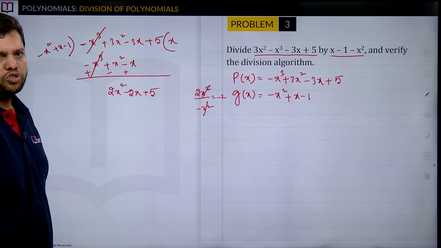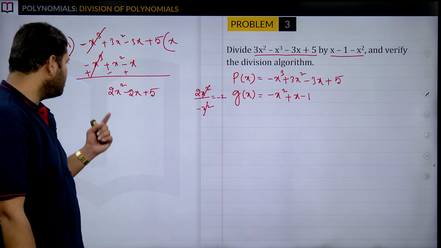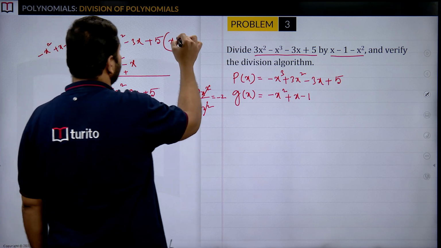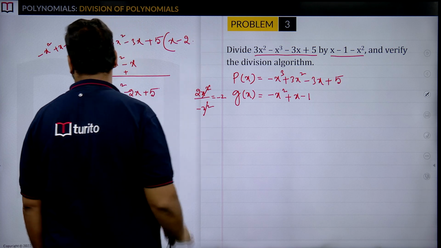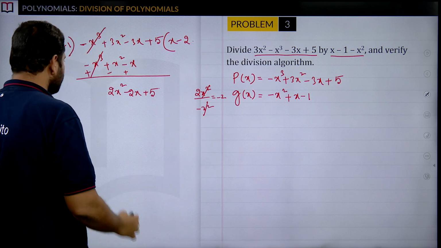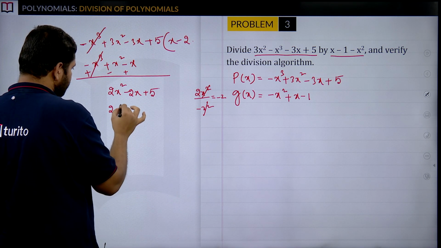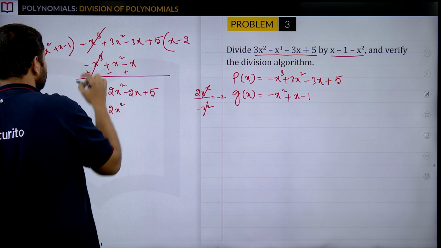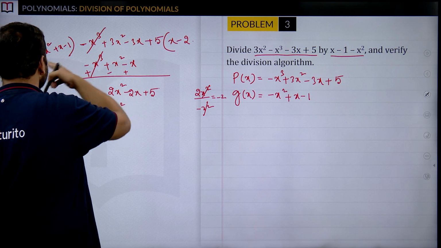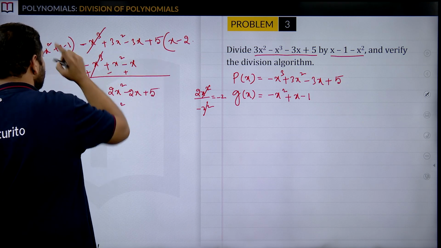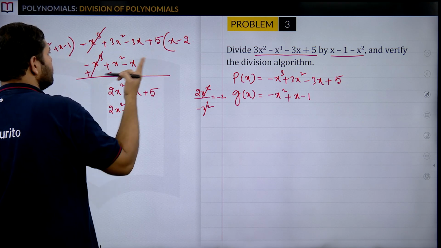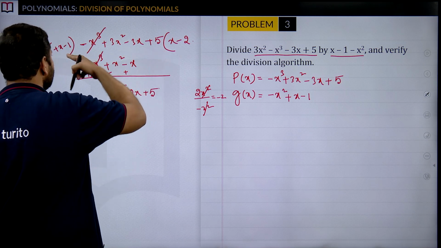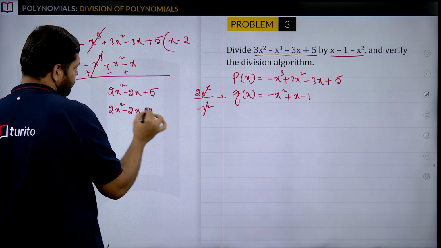When you multiply with minus 2, children, I am going to get this 2x square term. Minus 2 into minus x square, we can say plus 2x square. Minus into minus is a plus. Minus 2 into plus x is minus 2x. And minus 2 into minus 1, we can say plus 2.